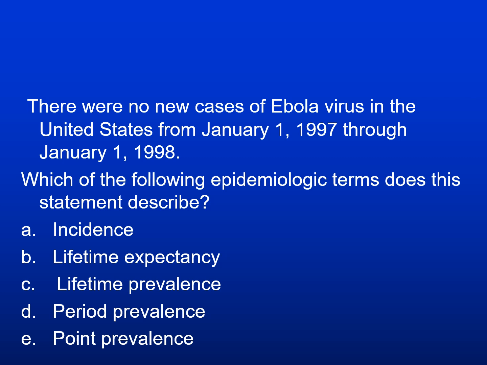There were no new cases of Ebola virus in the United States from January the 1st, 1997 through January the 1st, 1998. Which of the following epidemiologic terms does this statement describe? Incidence, lifetime expectancy, lifetime prevalence, period prevalence, point prevalence.